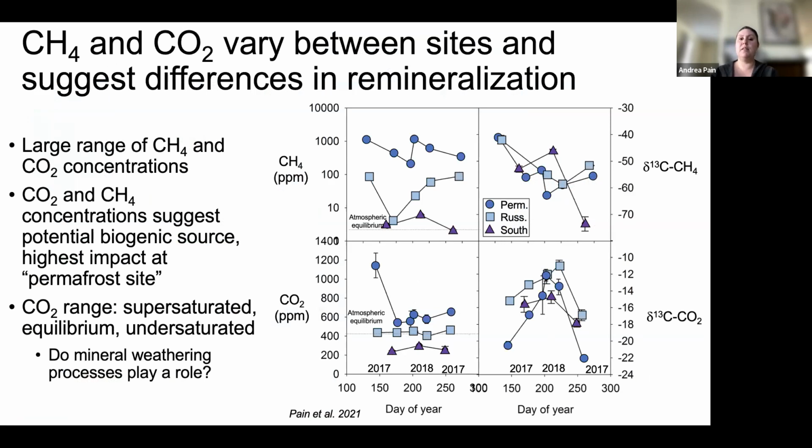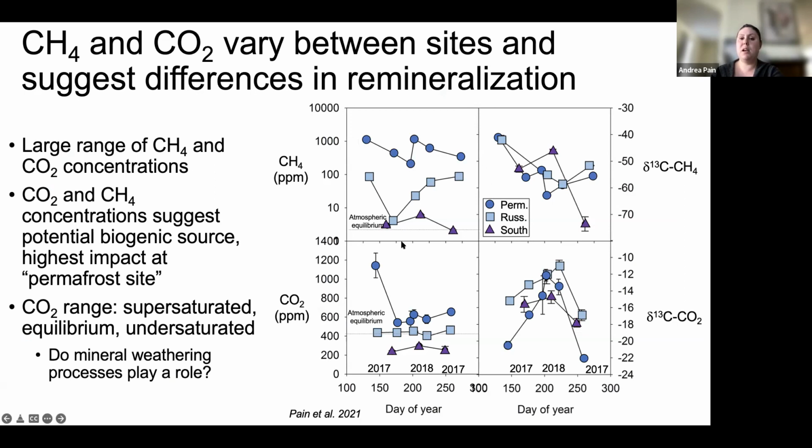So the first data, the headspace extraction data, we see that there's a significant difference between sites in the amount of dissolved methane and CO2 in the subglacial outlet waters. So this first panel here is showing methane concentrations where the permafrost site, note the log scale here, the permafrost site is consistently supersaturated with respect to atmospheric concentrations over the entire melt season that we observed.